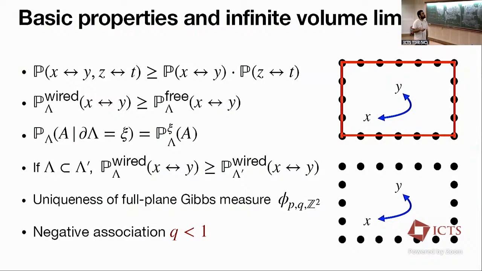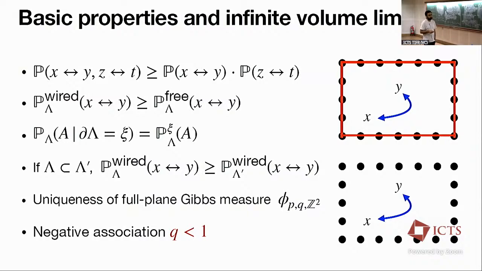And that is very important, though I did not mention it that much: you can also discuss two kinds of boundary conditions. You can look at your box and impose that all the external vertices are connected to be like one vertex. That's the wired boundary conditions.